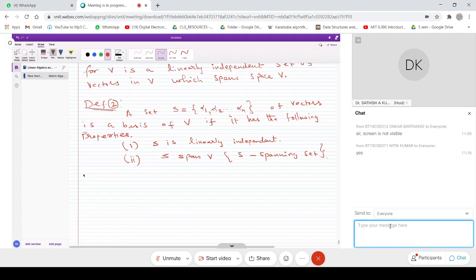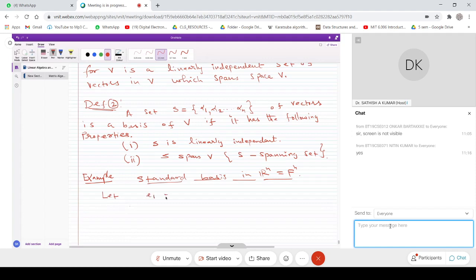So one example we can give: the standard basis in Rn. So we consider the vectors.